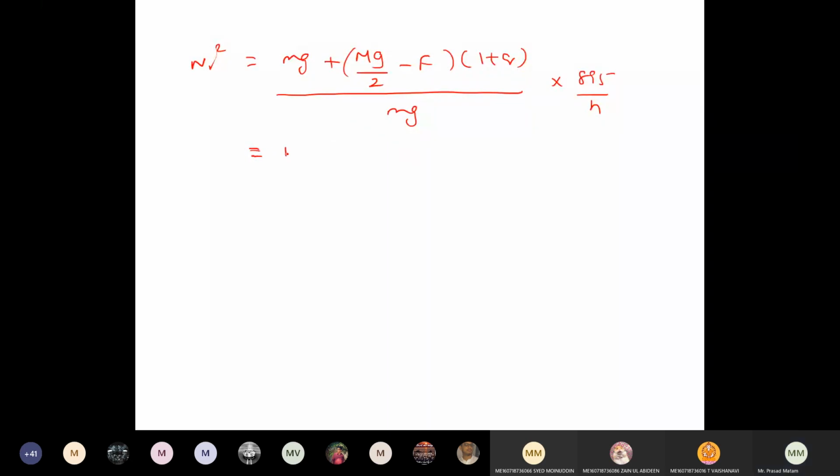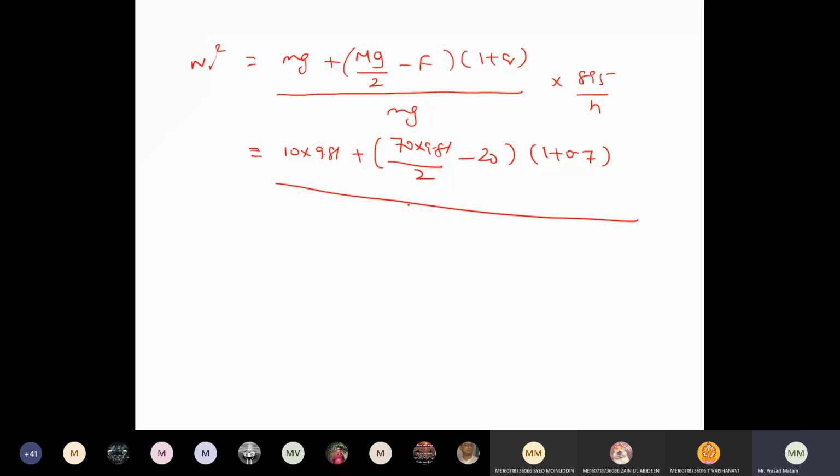This I want to get: 10 into 9.81 plus 70 into 9.81 by 2 minus of 20 into 1 plus 0.7, by m into g, that is 10 into 9.81, into 895 by h. Get the N1 value from this.